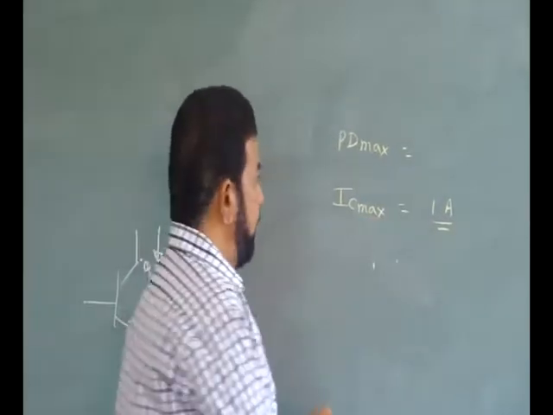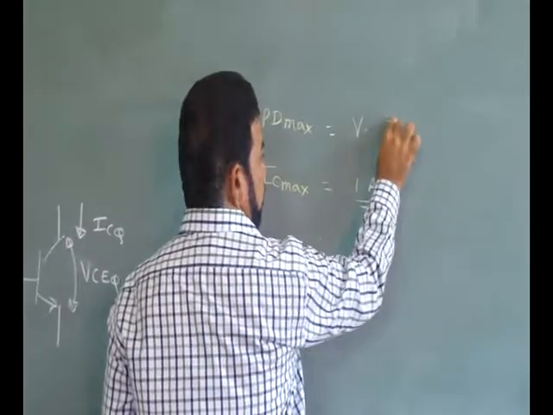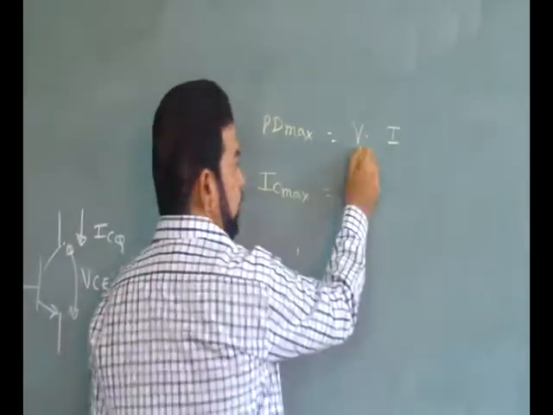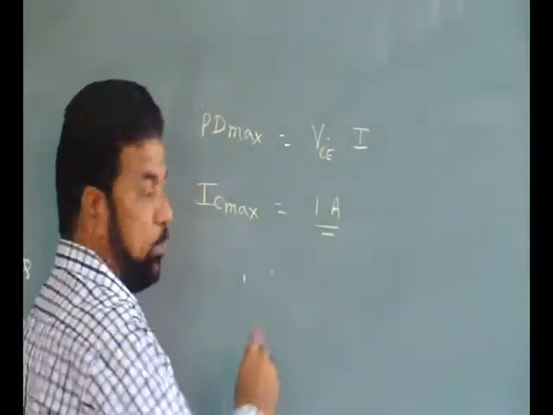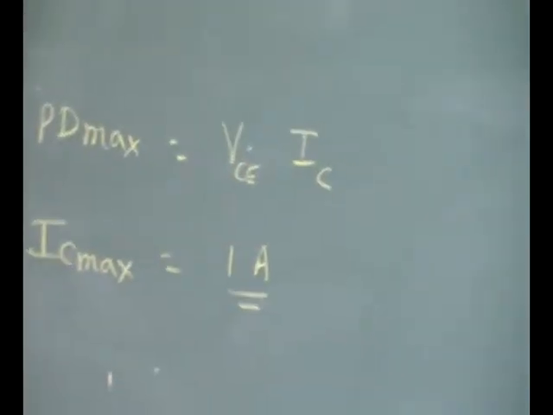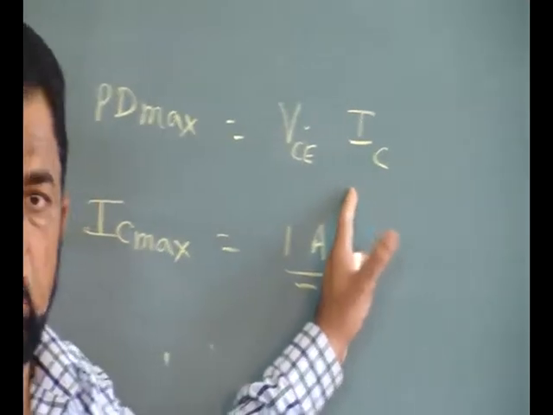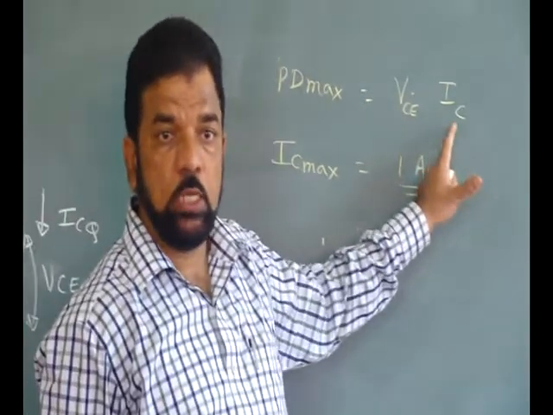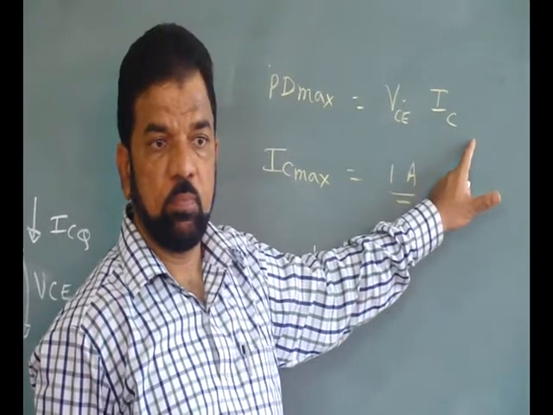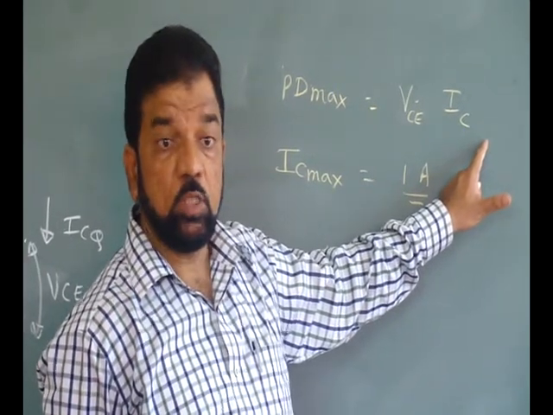PD is nothing but V into I. Suppose I write the voltage between collector and emitter, and the collector current. If the voltage is kept constant and you are changing IC, then what does it mean?